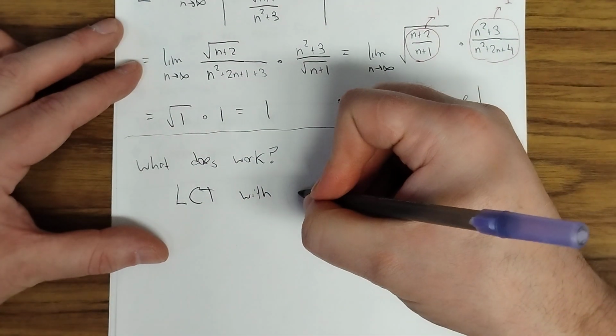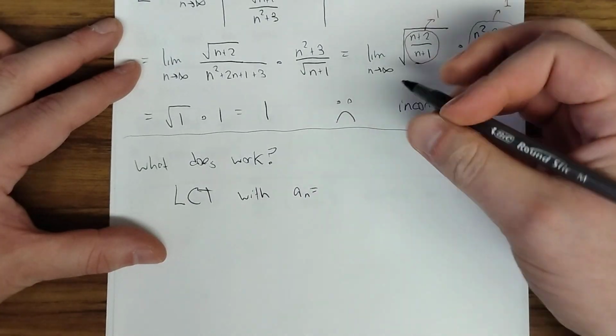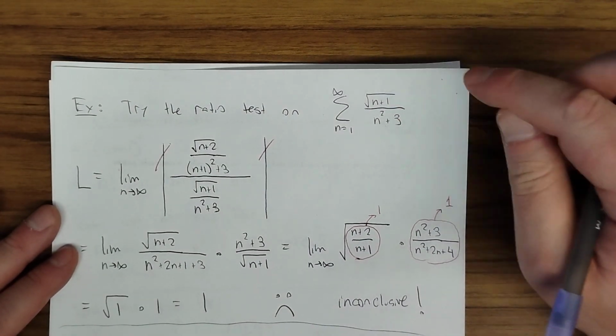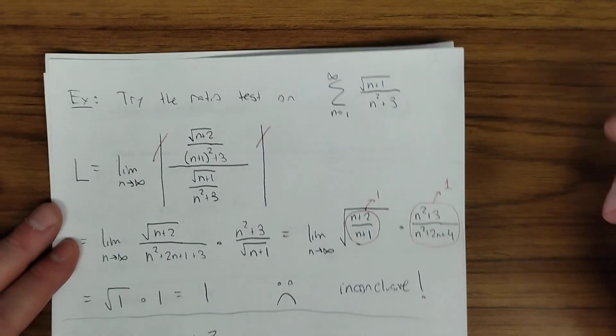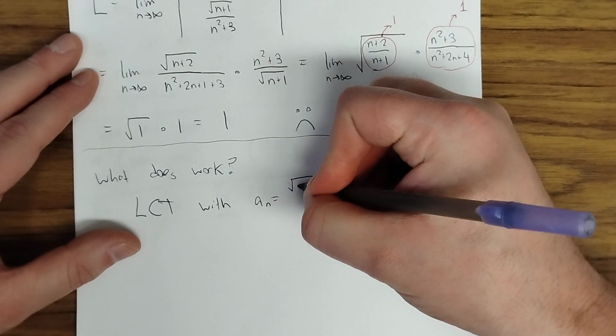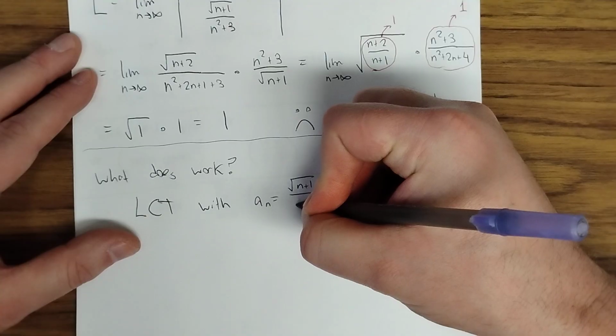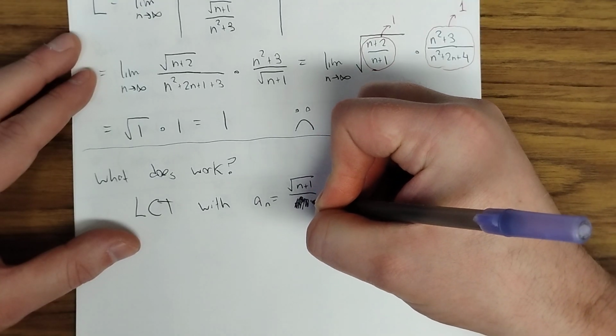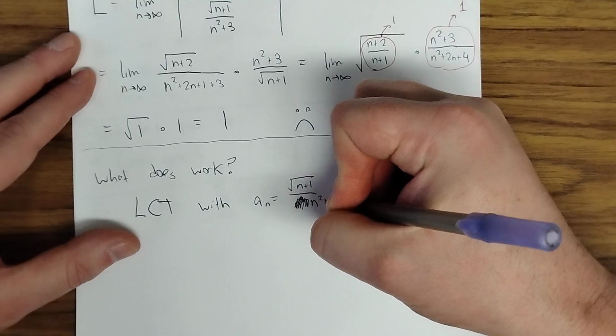For the limit comparison test, you have an a sub n and a b sub n. I always make a sub n the original terms of the series that I'm trying to investigate. Oops, sorry. N squared plus 3.